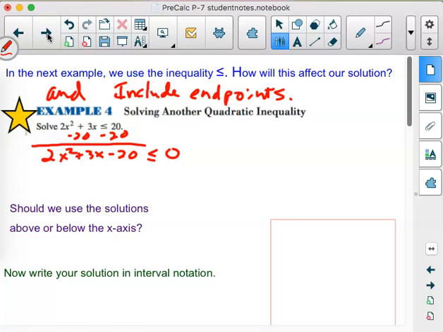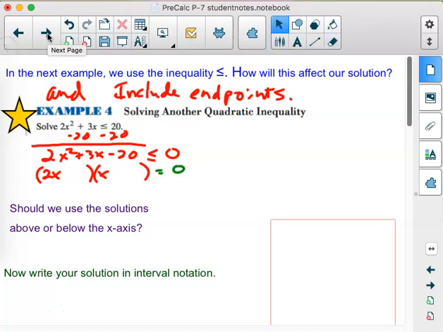And now, I think, there's not a 2 I can take out of everything. It's not a perfect square or anything, but maybe if I think through it a little bit, and right now I'm just really thinking about equals 0, so let me change this so that those watching will know that's what we're thinking about right now, where does it equal 0? And I think, most of the time in problems involving 20, it's going to have to do with the 5 and the 4. So is there a way for me to use one of those as positive and one of those negative and get a 3 in the middle?